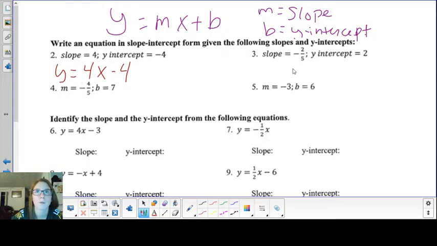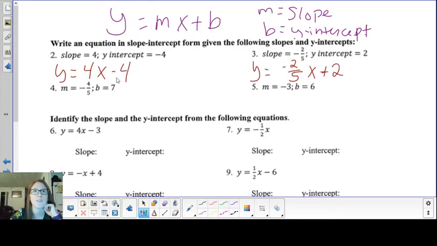Okay, number 3. In this case, I have a negative slope and a positive intercept. So I'm going to have y is equal to -2/5 x plus 2. Whatever sign the slope is will come with it, and whatever sign the intercept is will come with it.